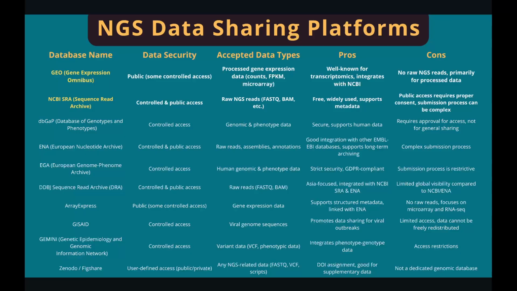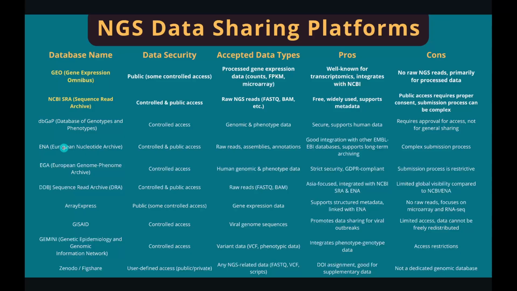So it's very handy. And dbGaP is a database that has controlled access, which means you can only access dbGaP through your institution. You can never have your own personal account.